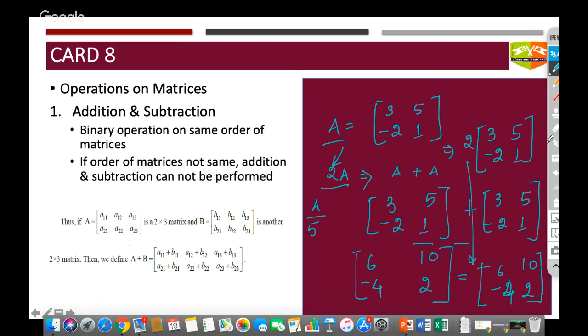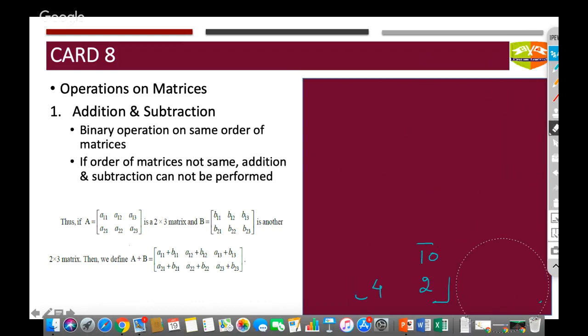What happens over here is these kinds of questions do appear in the examination. So while multiplying or dividing, do take care that you are doing it carefully, because if it is a 3 into 3 or 4 into 4 matrix, you have to divide or multiply 9 elements or 16 elements. So it becomes very calculation intensive, and sometimes we tend to make calculation mistakes which we should avoid.